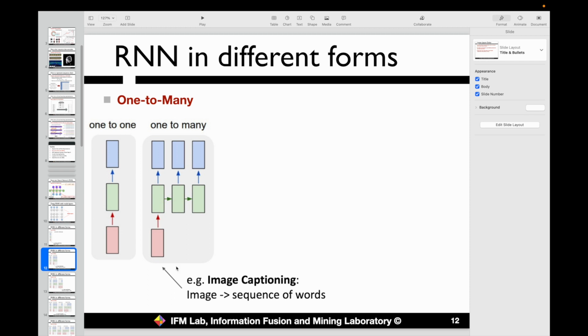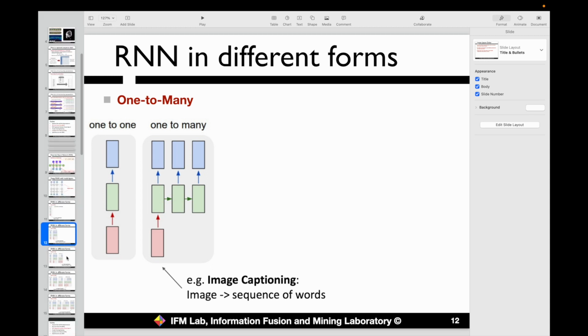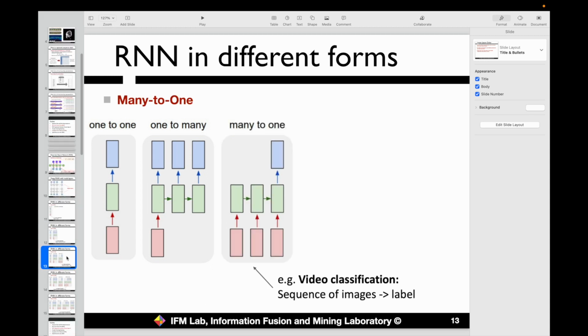We can provide the image as one single input source for this RNN, and we try to generate a sequence of tokens or words as a caption for this image, right? So we can have one single input, however, we try to generate a sequence of words as description for this image.